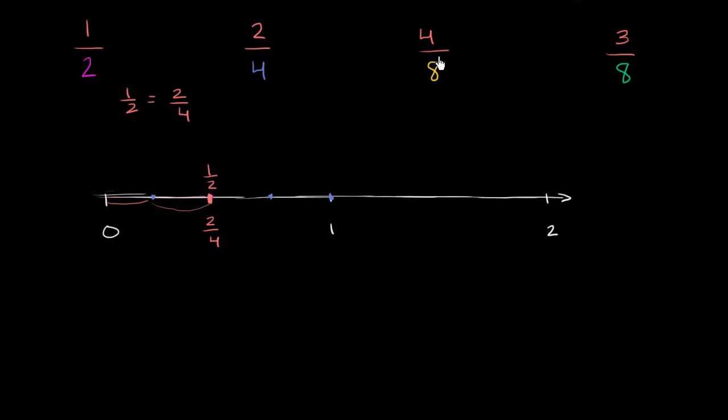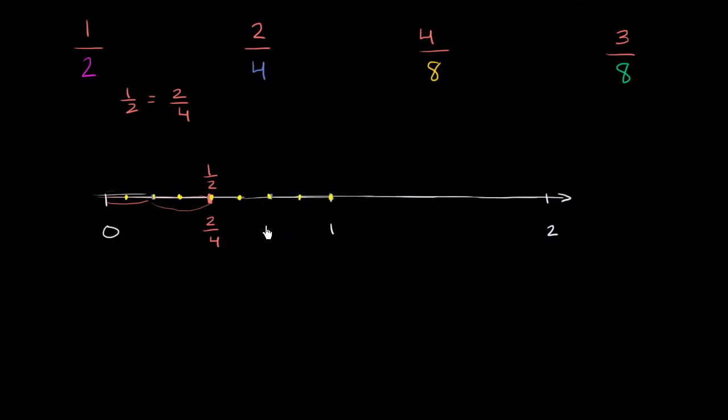Now what about 4/8? Well, let's split the part of our number line between 0 and 1 into 8 equal sections. So if we take each of those 4 equal sections and split them into 2, so now we have 1, 2, 3, 4, 5, 6, 7, 8. I can't draw it perfectly, but I'm trying to make them equal sections.